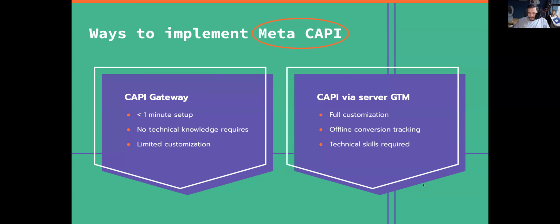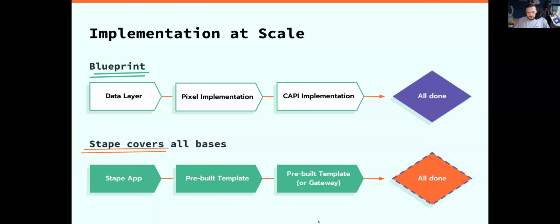If you are more on a techie side of things and you want to go deeper into all of this, you can utilize the server Google Tag Manager, which again might require some know-how and it will be a little bit more cumbersome, but ultimately will provide you with sort of a Lego kind of situation where you can customize it and build whatever logic, whatever filtering your tracking needs may ask for.